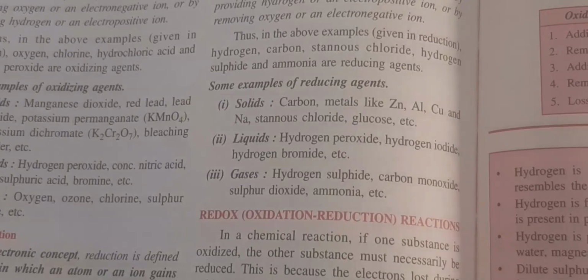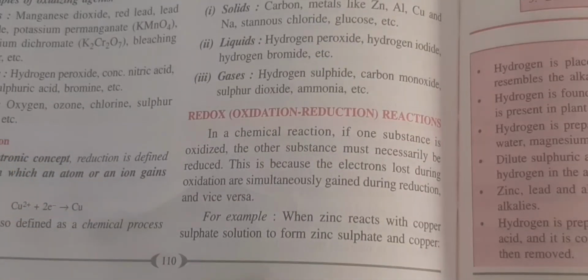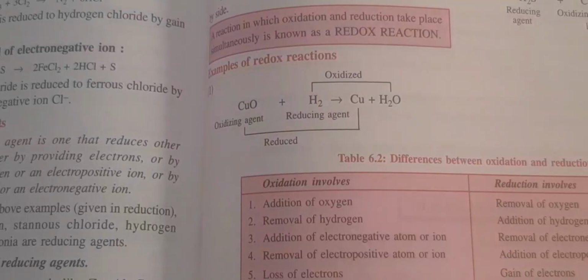Now after studying all this, we need to understand redox reactions. These are reactions in which one substance is oxidized and at the same time another substance is reduced, both taking place simultaneously. Take this reaction: copper oxide and hydrogen. Copper oxide is changing to copper and hydrogen is changing to water. What happened to copper oxide to copper?